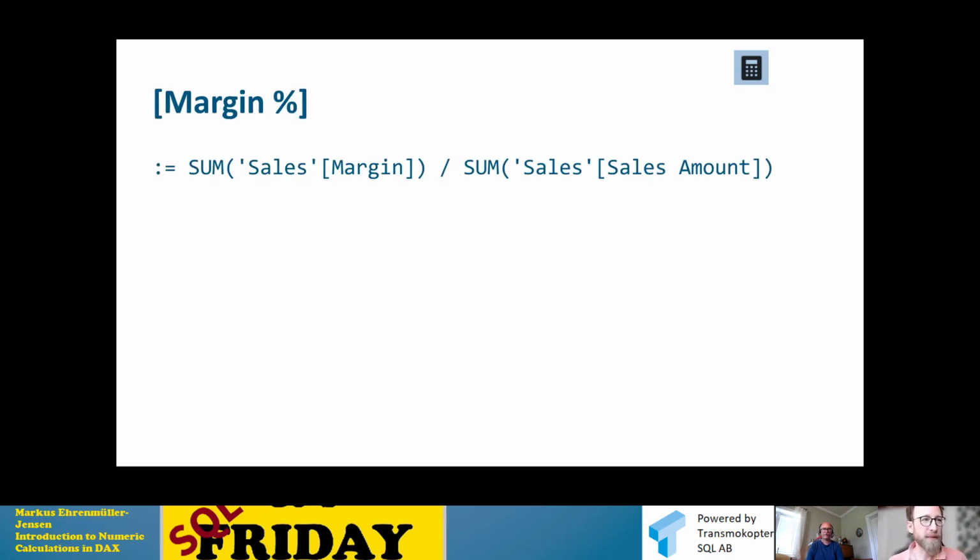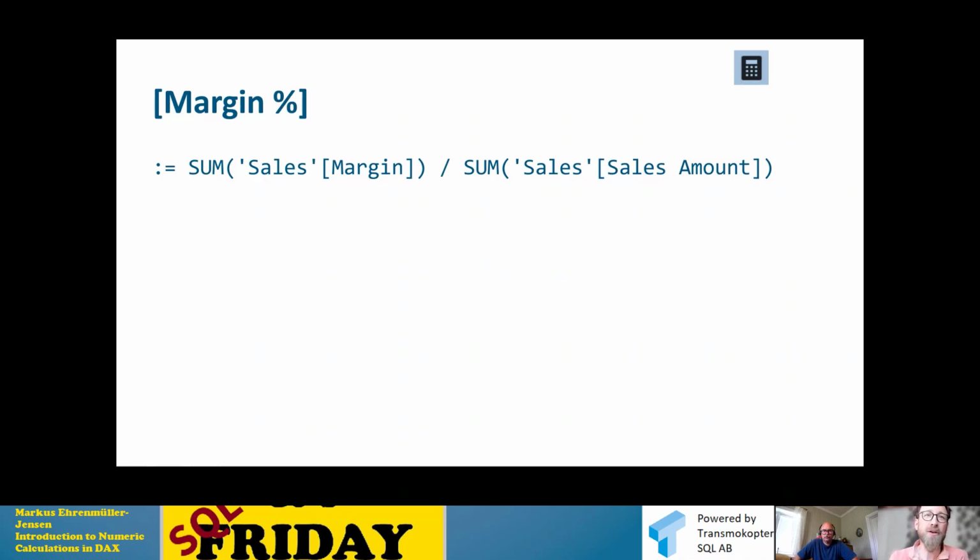So for the margin, if you remember, the margin was the margin percentage, which we just failed producing as a calculated column. We can have this as a measure, and it's the margin divided by the sales amount. As you can see here, we have not only to refer to the table and the column name, we also have to apply an aggregation function here, the sum of margin divided by the sum of sales amount.